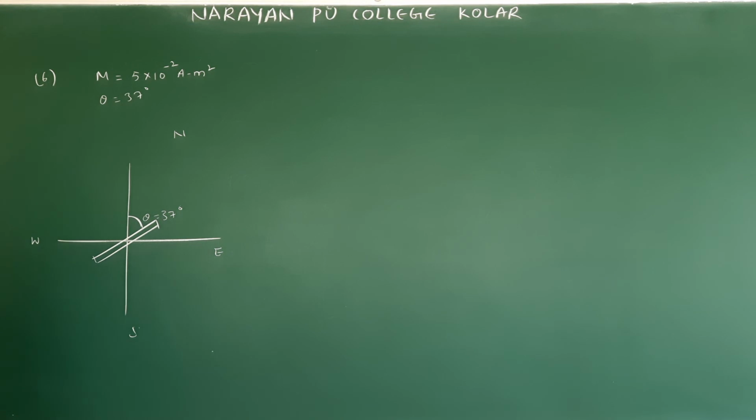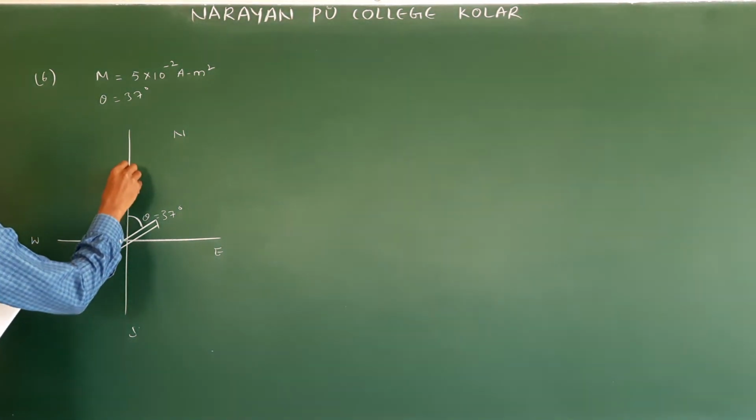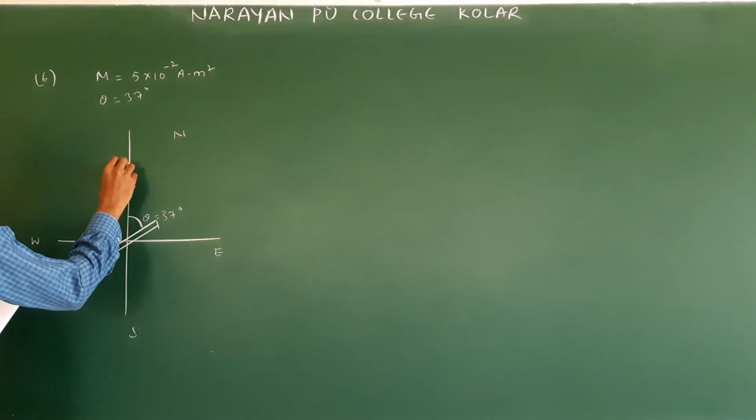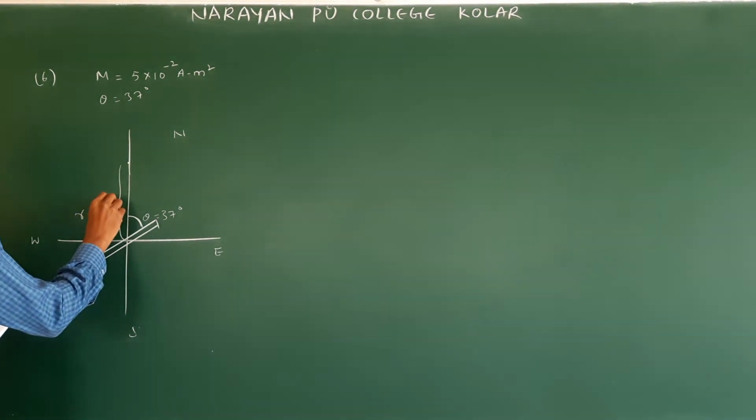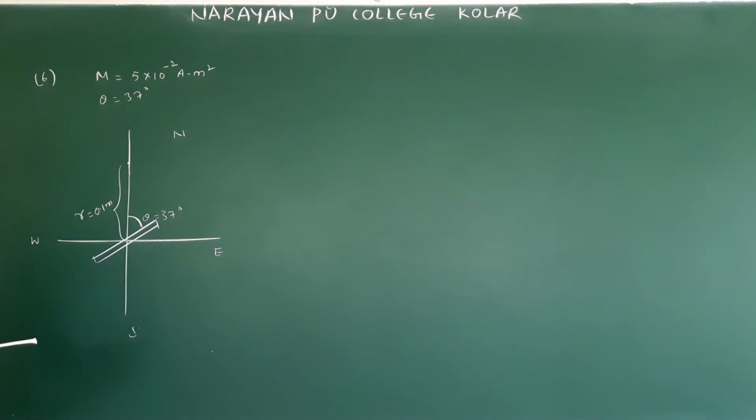Now what they are asking is to find the net horizontal field at a point 0.1 meter away from the magnet. So on this line, let us say this distance R is equal to 0.1 meter.